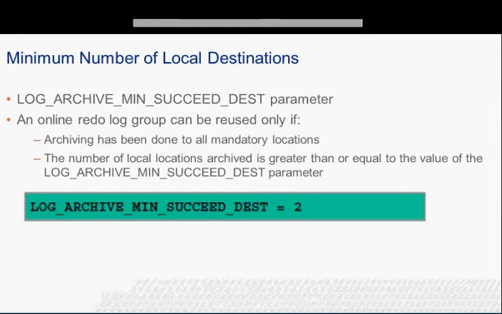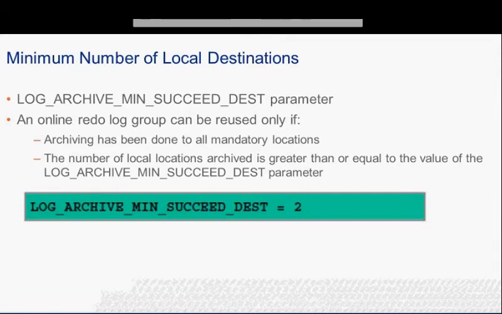Specifying the minimum number of successful archive locations. The number of destinations that need to be archived successfully before an online redo log file can be used is determined based on the following settings: the number of destinations defined as mandatory and the value of the LOG_ARCHIVE_MIN_SUCCEED_DEST parameter.